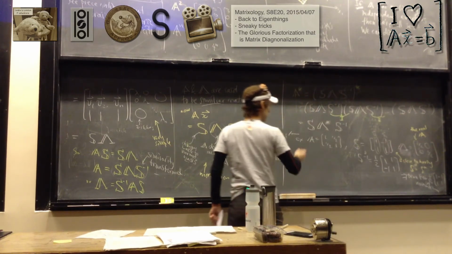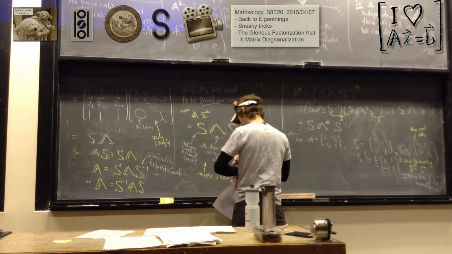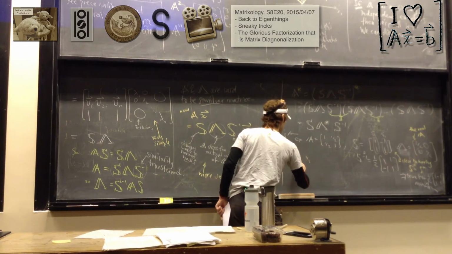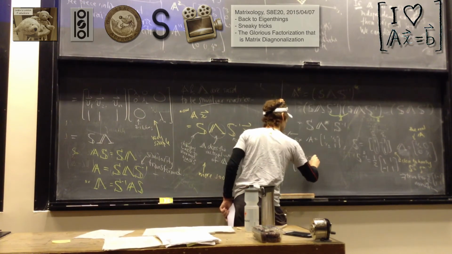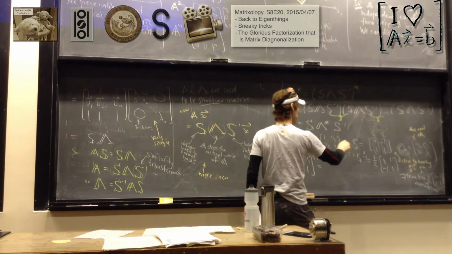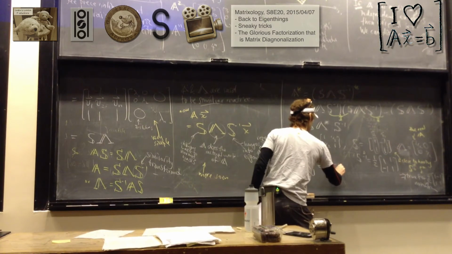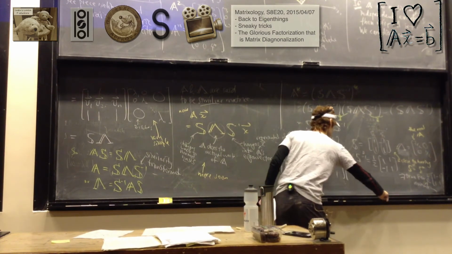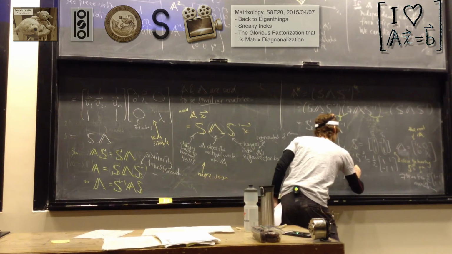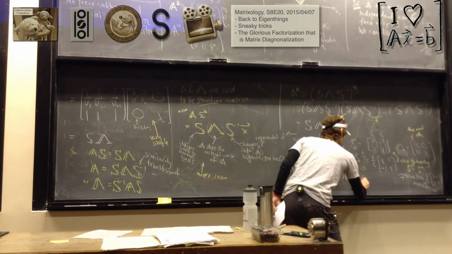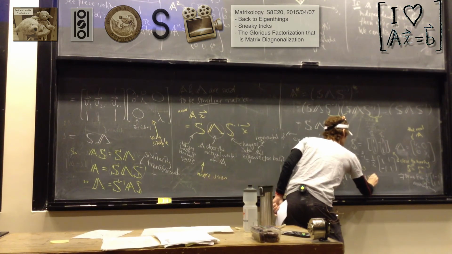Okay, so if we want to raise this, and this will be a good place probably to stop. If we have 1, a half, a half, 1 to the power of 73, then that would be equal to, we'll put our S in here, 1, minus 1, 1, 1. And then we would have simply in here the thing that drives everything, the 3 halves to the power of 73, 0, 0, a half to the power of 73.